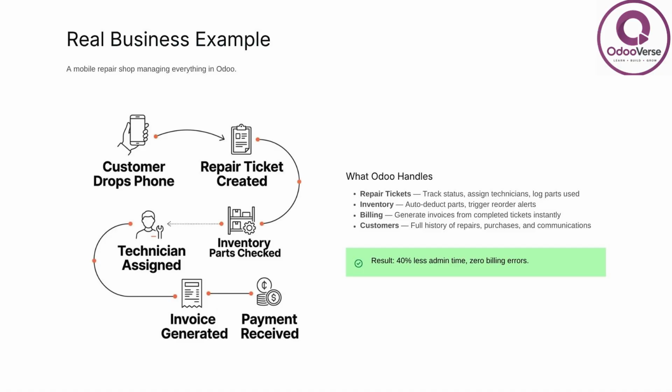And finally, payment is received and recorded inside the system. Odoo also stores complete customer history, including repairs, purchases, and communication records. Because everything is connected, the business saves time, reduces manual work, and avoids billing mistakes. This is the real power of ERP systems like Odoo.